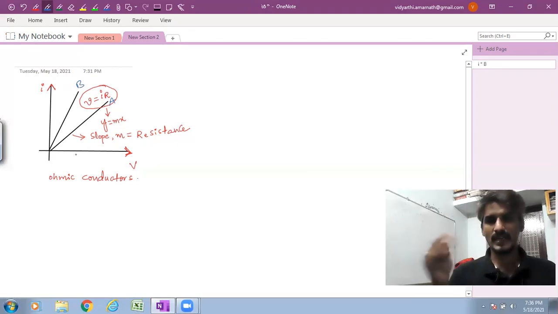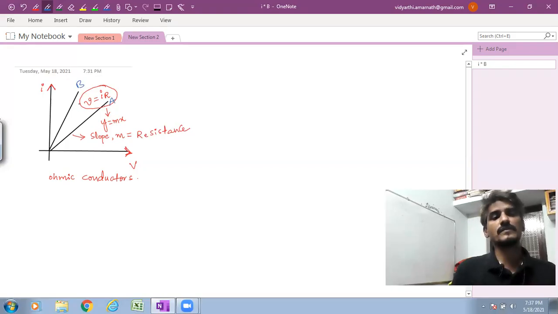A is one material, and we have drawn the VI graph for A, and B is another material, and we have drawn another graph for B. Now we have the straight lines of A and B.